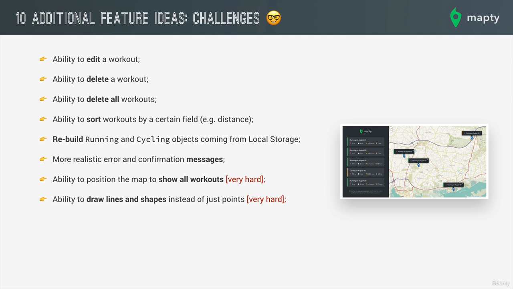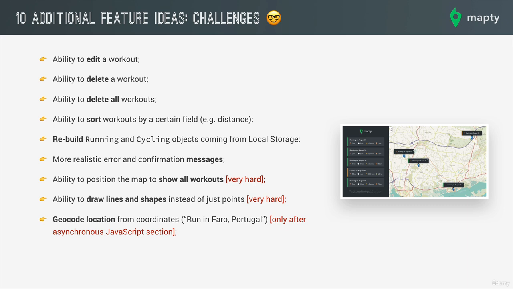Finally, I have two more challenges to improve this project that you could only implement after the next section, but let me still show them here. You could geocode the location from the coordinates. You could use a third-party API to plug in the coordinates, and that would then give you back the real location.